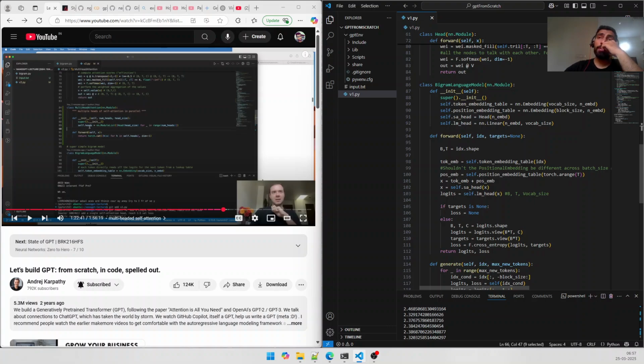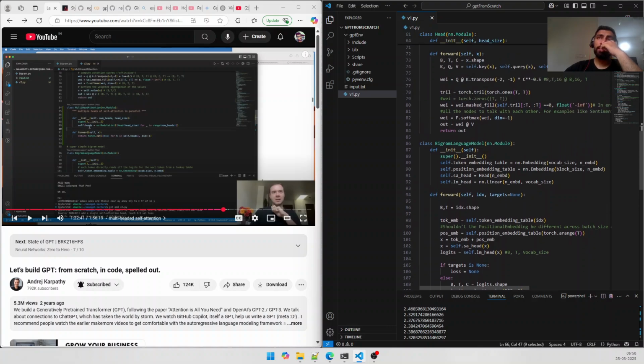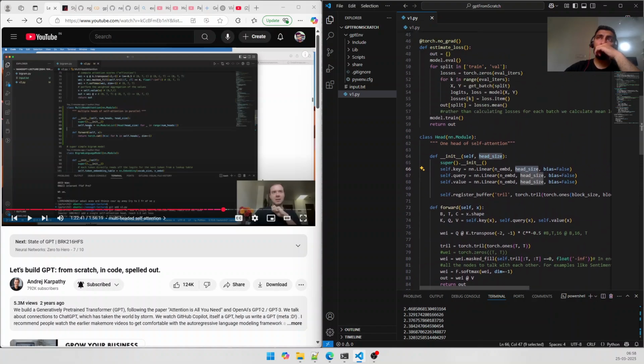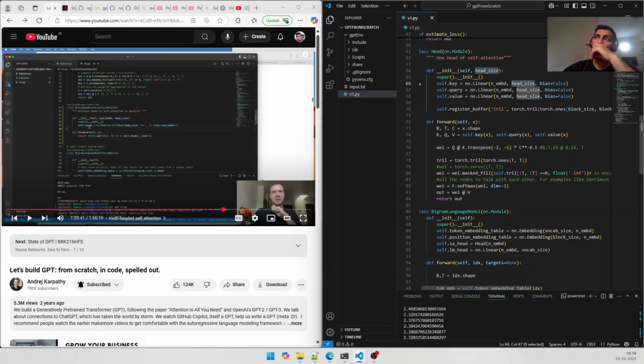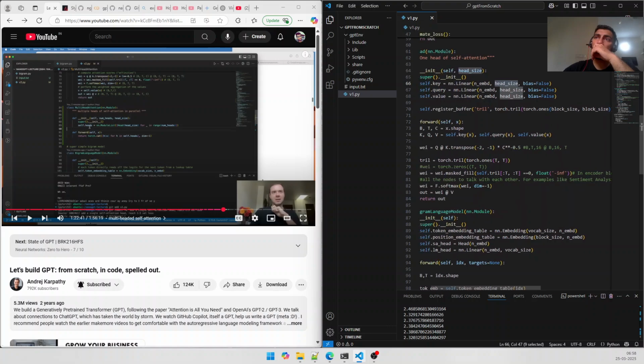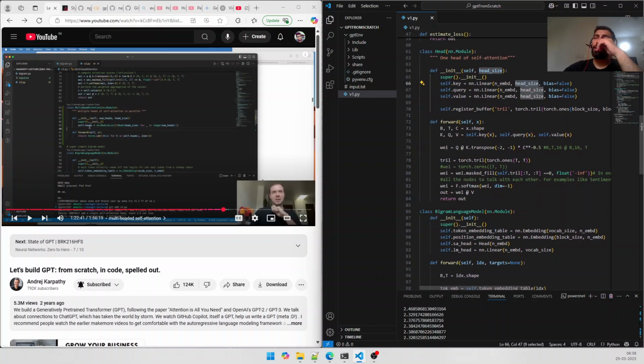So we pull that and give it to the self-attention layer, which does this multiplication and everything and returns an output. We calculate the softmax.